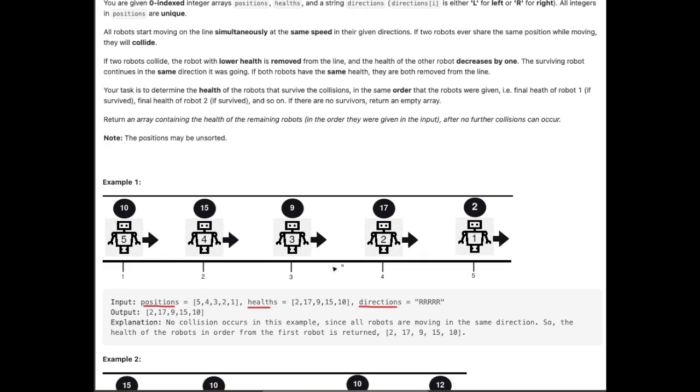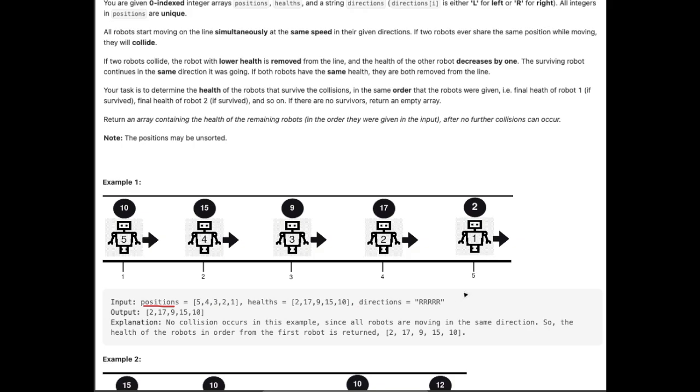Each of the positions, health, and direction arrays will have a length of 5. For example, this particular index represents the third robot, which is at position 3, the health is 9, and the direction of it is an arrow.